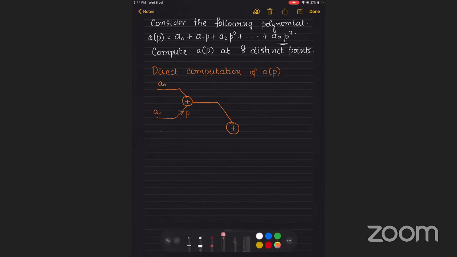one minute, I'll redraw this. So I have A naught. This A naught has to be added with A1 into P. Then I have to add this with A2 into P square.